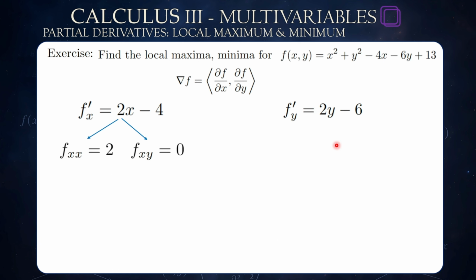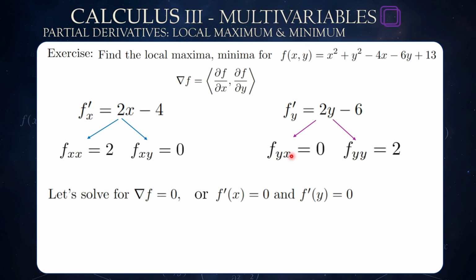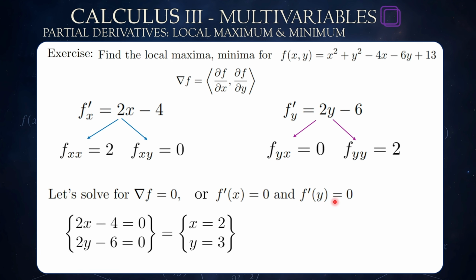Alright, now that we have both the first and second derivatives, let's solve nabla f equals 0, or f prime x equals 0 and f prime y equal to 0. F prime x is equal to 0, so 2x minus 4 equals 0, or x equal to 2. y: 2y minus 6 equal to 0, so y equal to 3. Then the critical point that we've gotten is (2, 3).